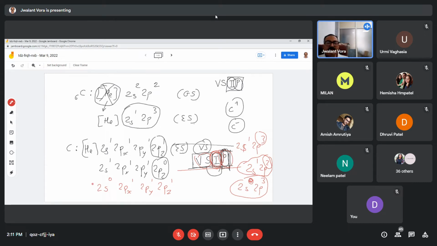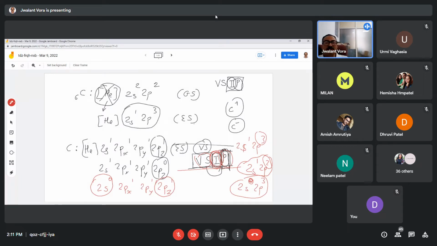The amount of energy that we need to apply to remove one electron from the 2s orbital will be greater than the electron that needs to be removed from the 2p orbital. Why?